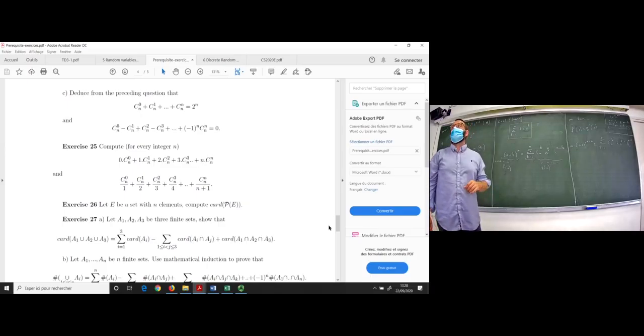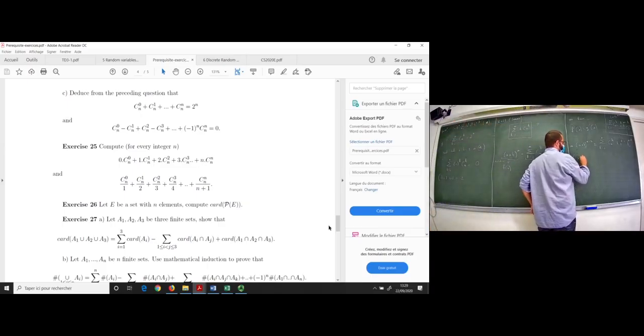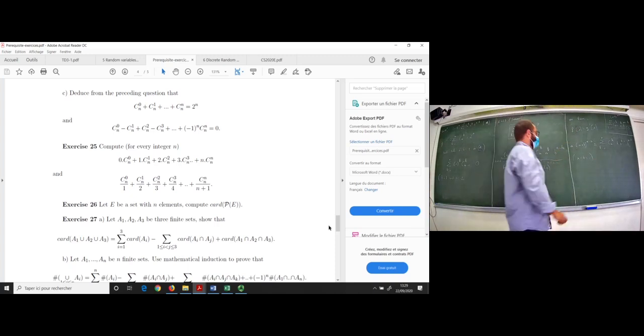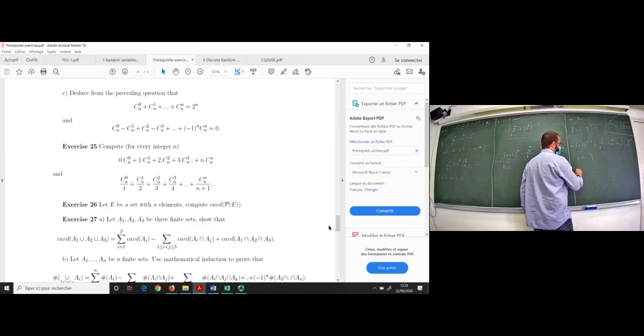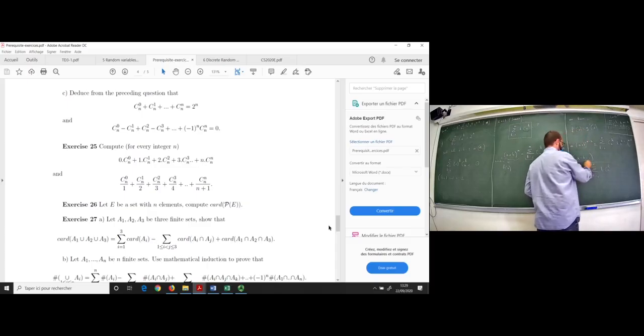We are going to take a equal to b equal to 1. So taking a equal to b equal to 1, I plug inside and I obtain n 2 to the power n minus 1, that is equal to the sum from k equal to 0 to n of k times c and k. You have exactly what you want.